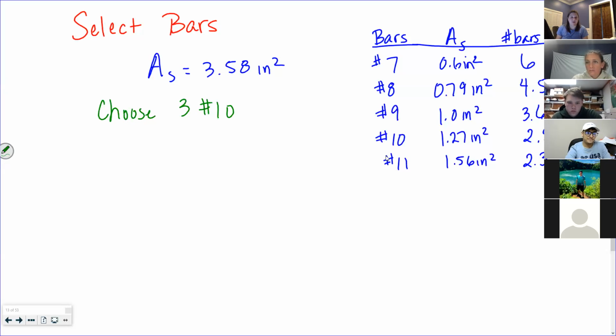You just have to calculate spacing and you have to calculate the d. So let's choose 3 number 10s.